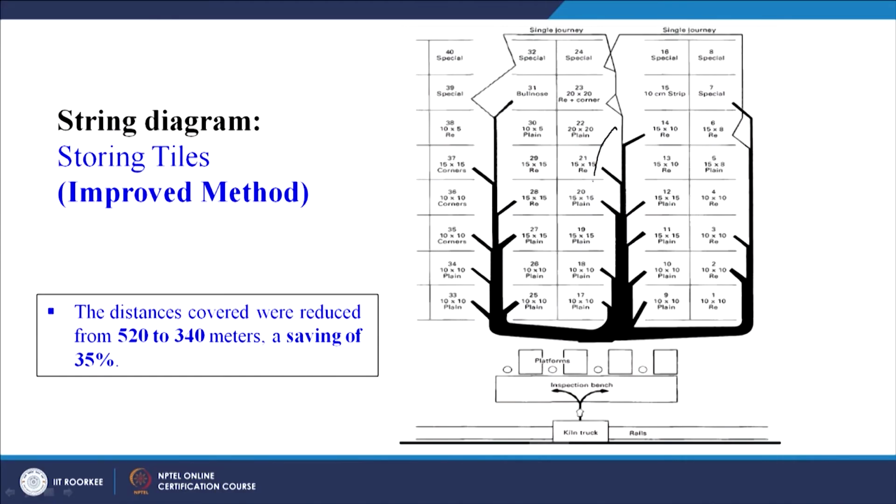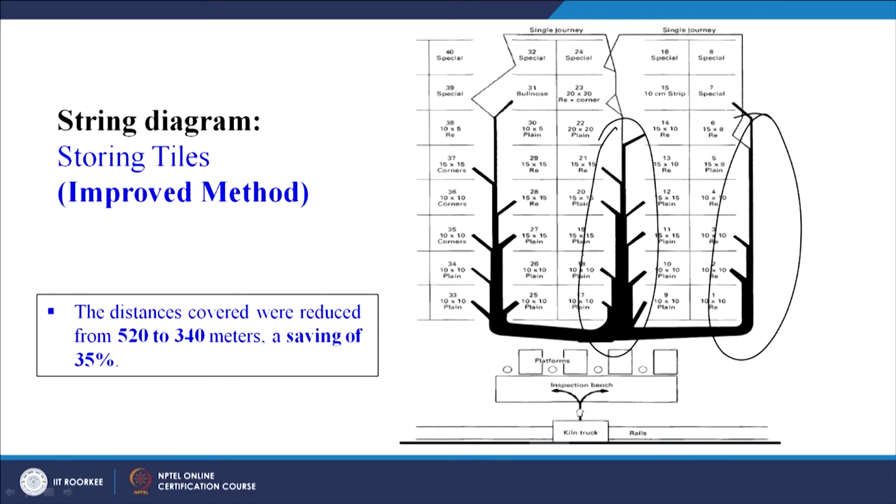You can see this dark portion is showing the strings, or the movement for storing the tiles in the warehouse, and this is considerably reduced by changing the layout. So you can see the thickness has reduced, which means the movement has reduced.